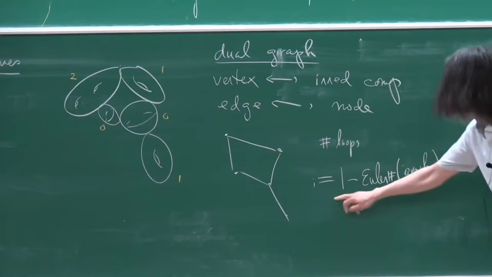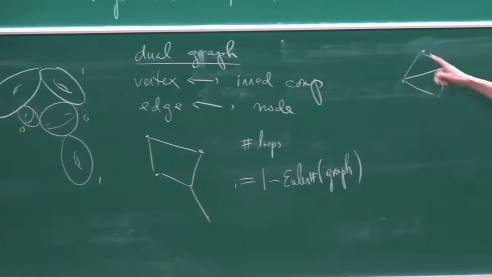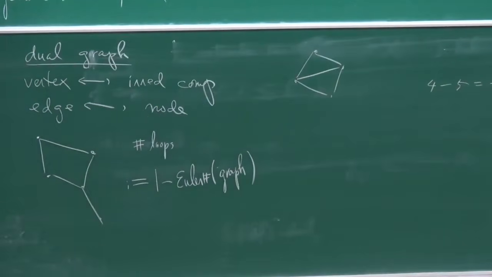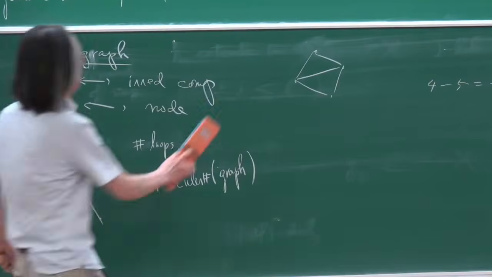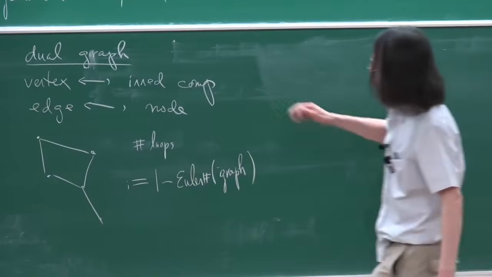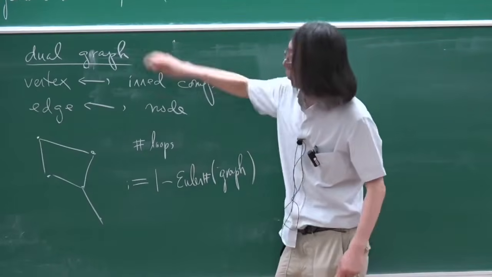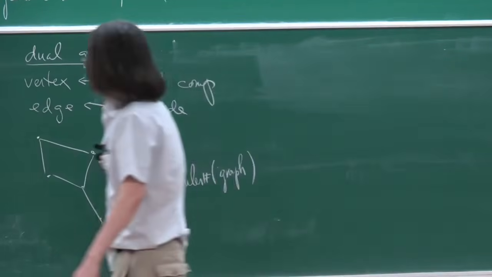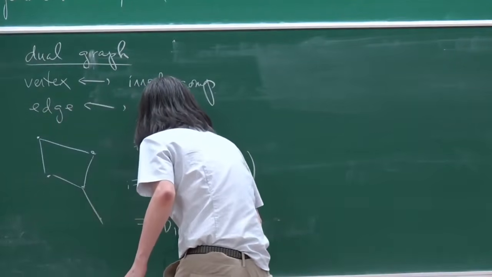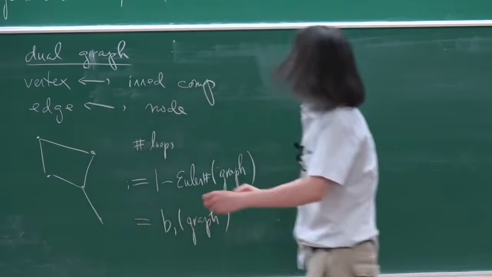So therefore, 1 minus minus 1 equals 2. So I just look at this, like the first Betti number of the graph. Anyway, so this is the loop number of the dual graph. So maybe better to write B1 of the graph. This may be better.